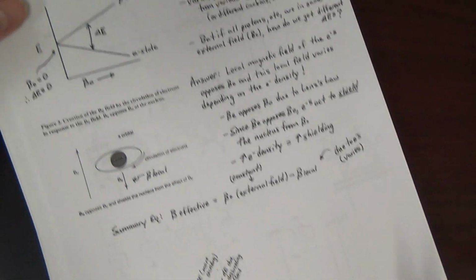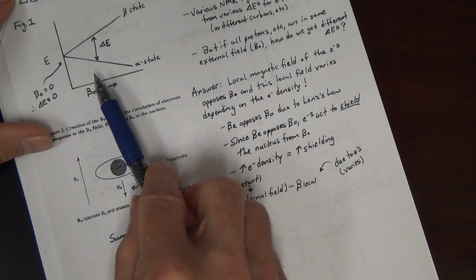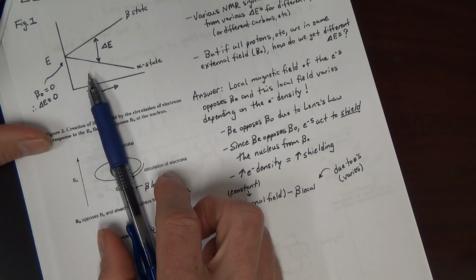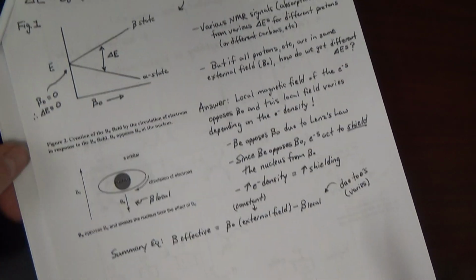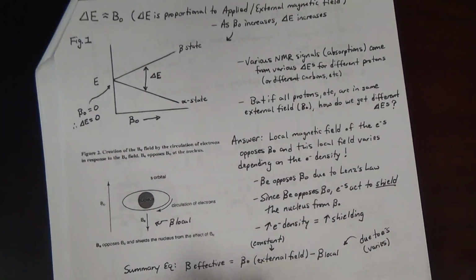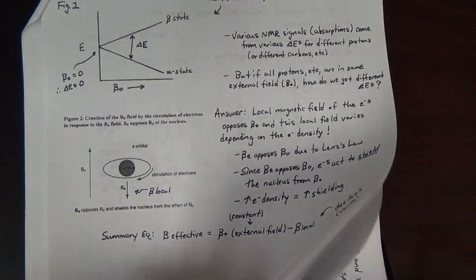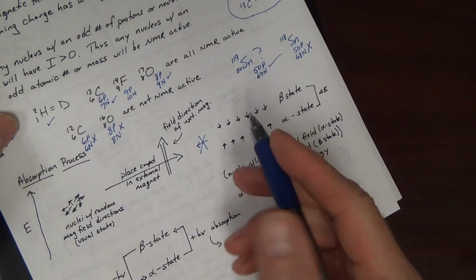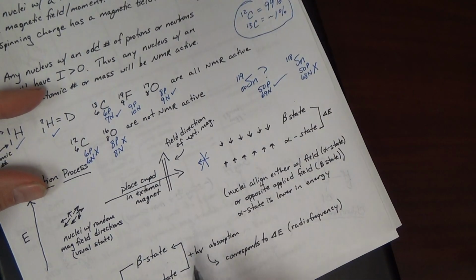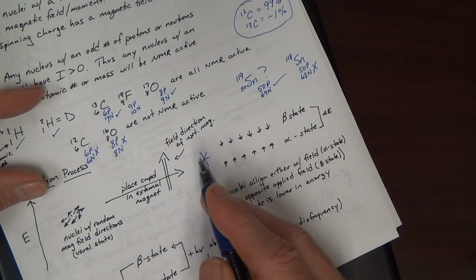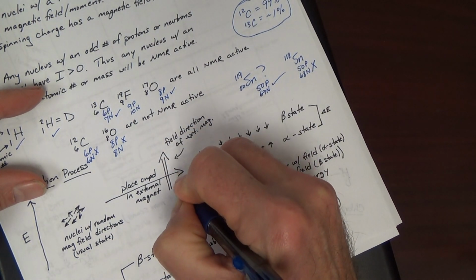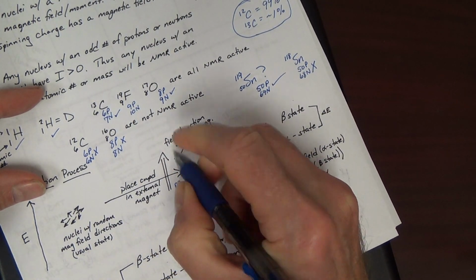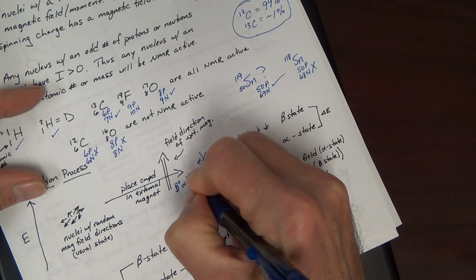Before we get down here, though, let's look at this diagram. I introduced B naught. Go back over here. The external magnetic field has a strength. That strength is usually referred to as B naught or H naught.